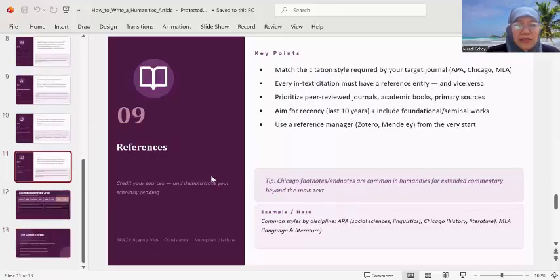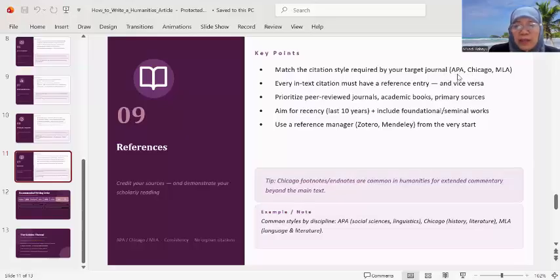Next part is references. So you have to give credit to your sources, and the references demonstrate your scholarly reading. So the key points here are: match the citation style required by your target journal.